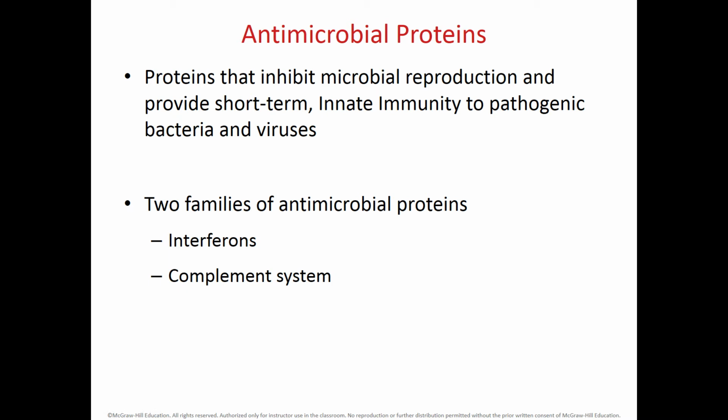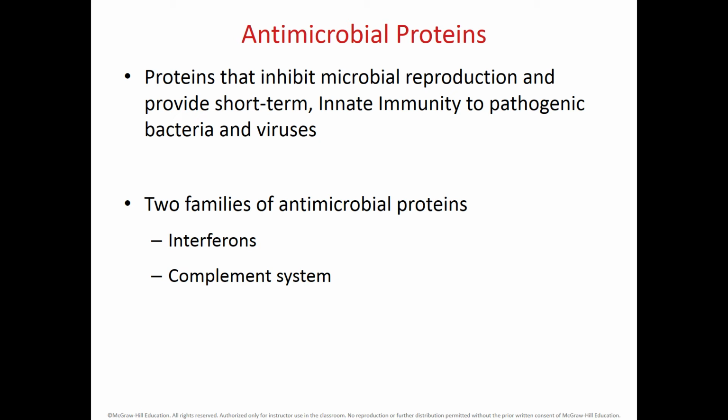Okay, so along with those cells, let's talk about the antimicrobial proteins. These proteins are called antimicrobial because they inhibit microbial reproduction. Many bacteria reproduce very rapidly by binary fission every 20 minutes, so they can double their number very fast.